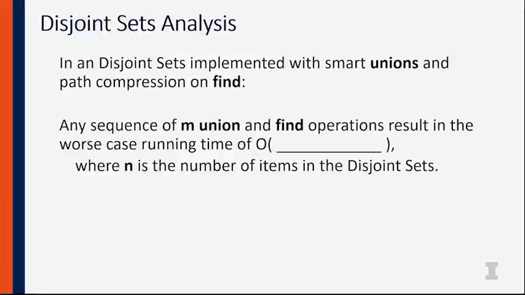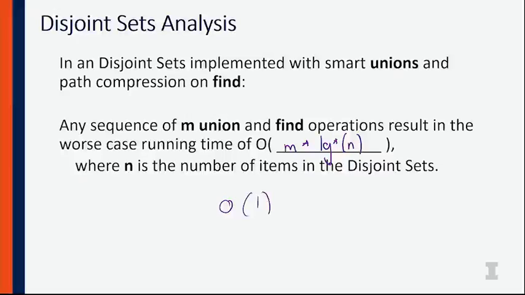What we actually are going to say to denote the entire running time is, we know that some operations take longer than other operations. So what we actually know is the total number of operations after a series of m find and union operations is going to be equal to the value of m times the iterated log of n. So m operations take m times iterated log of n time.